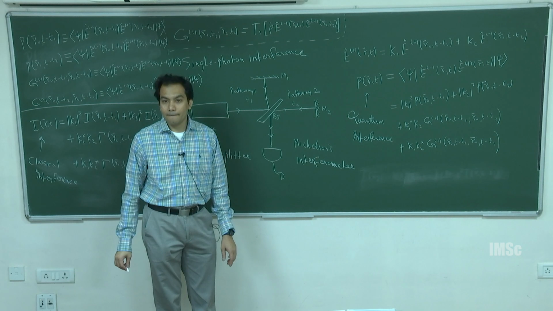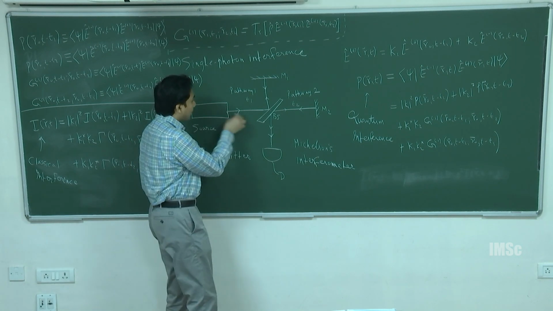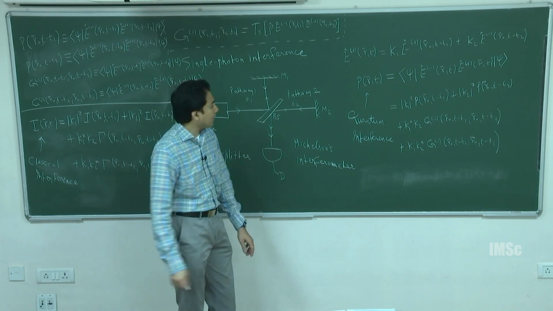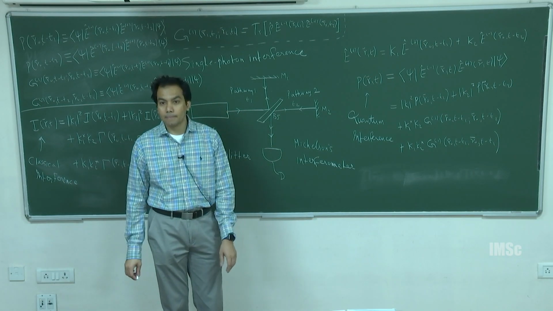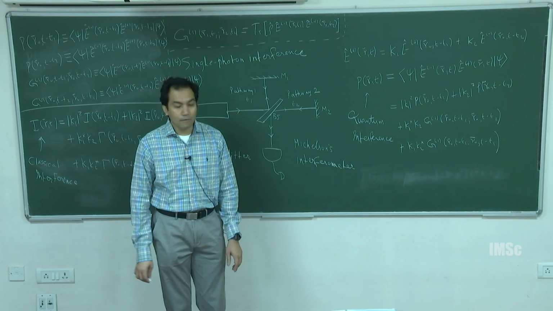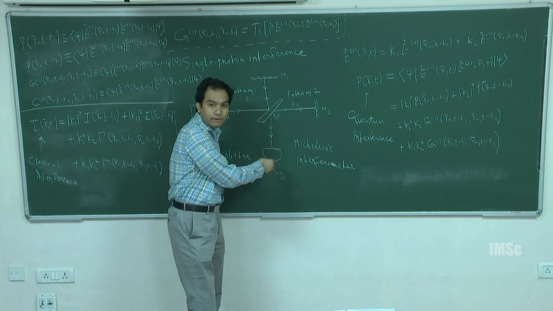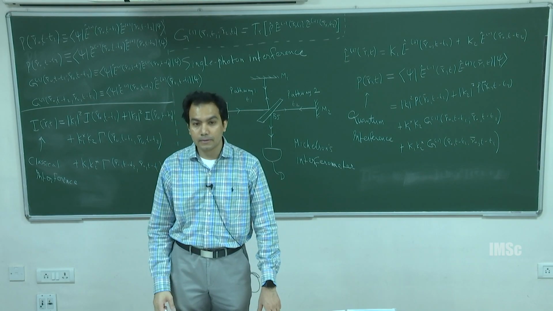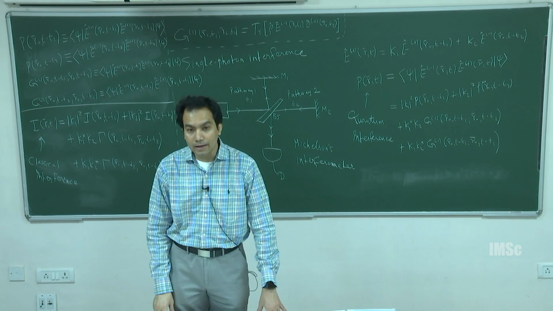Then the second photon emerges from the source. Once again, it has two alternatives. Now, you do this experiment for a collection of single photons. When you do that, you will observe the interference pattern.